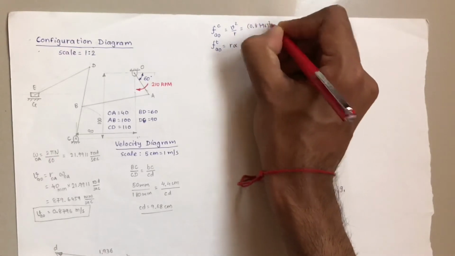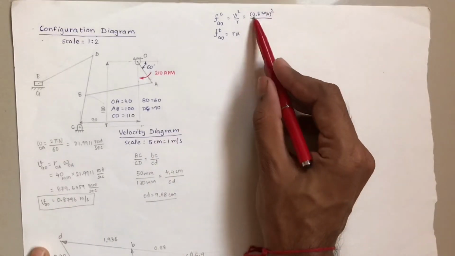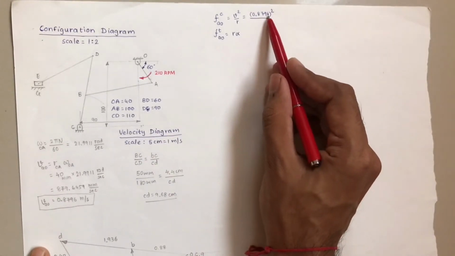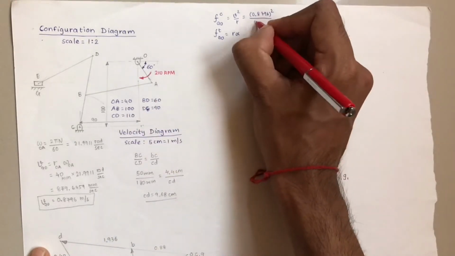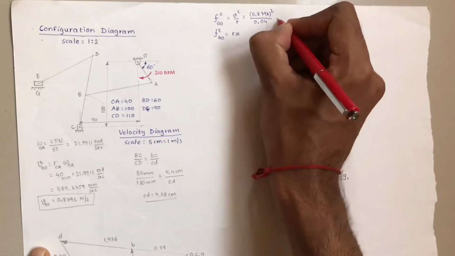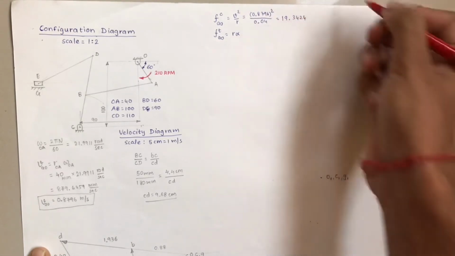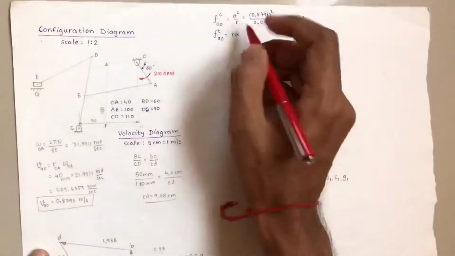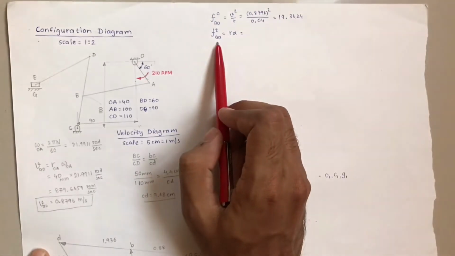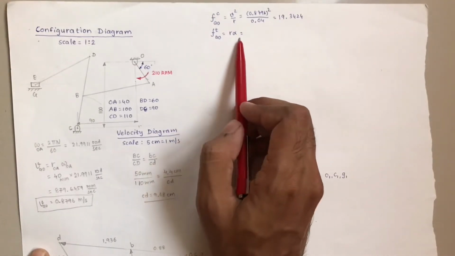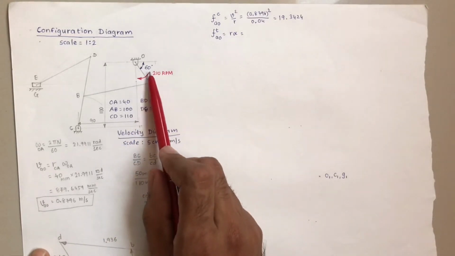0.8796 square divided by r, where r represents length in terms of meter, because we consider 0.8796 in terms of meter per second. OA is given as 40, so it is 0.04 meter, and the result is 19.3424. For r alpha, r represents the length of the AO link, because we are calculating the tangential component for the AO link, and alpha is for AO, but alpha is not given, only angular velocity is given.